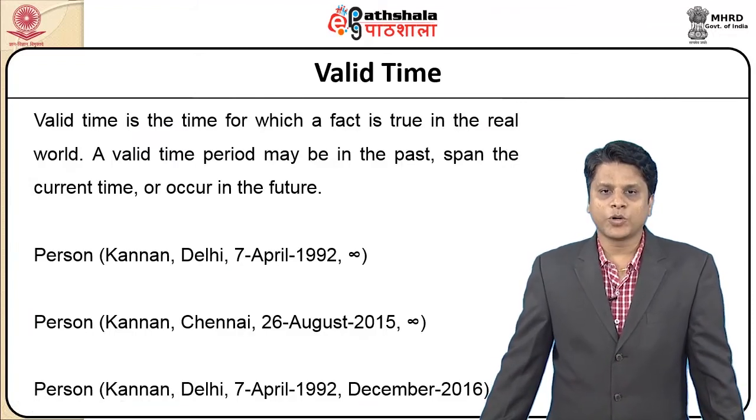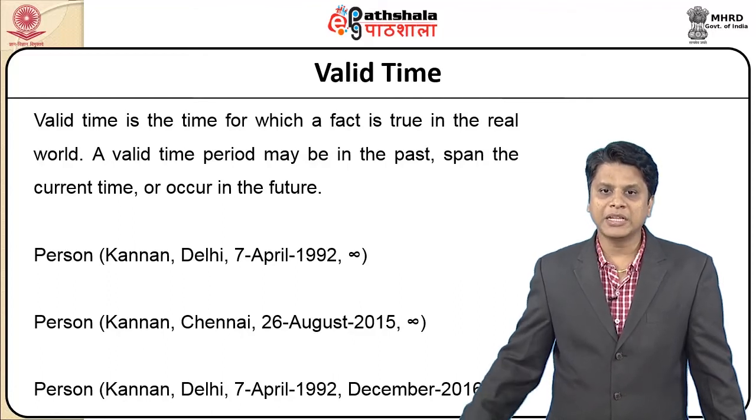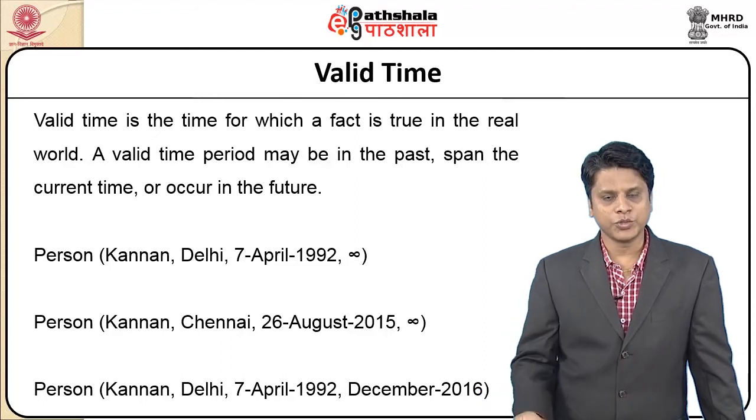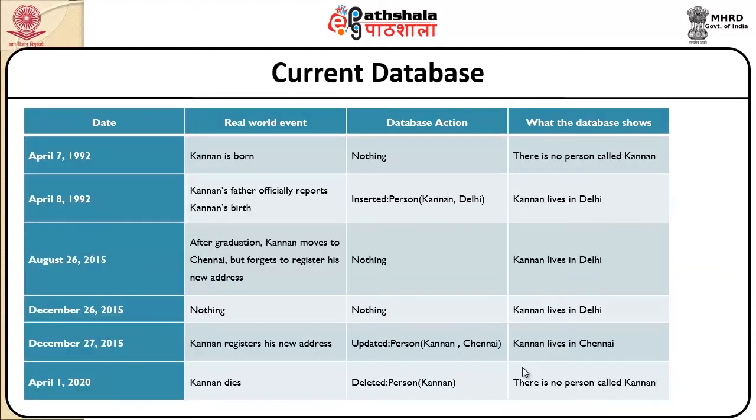So, let us consider the valid time. Valid time is a time for which a fact is true in the real world. A valid time period may be in the past, in the current time, or it can occur in the future. So, let us consider the example that I have hinted at here. As far as my current database is concerned, Kannan is born on April 7, 1992, and this is supposed to be the valid time, whereas the transaction has happened on April 8, 1992.